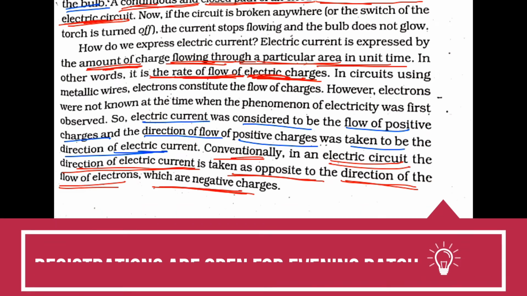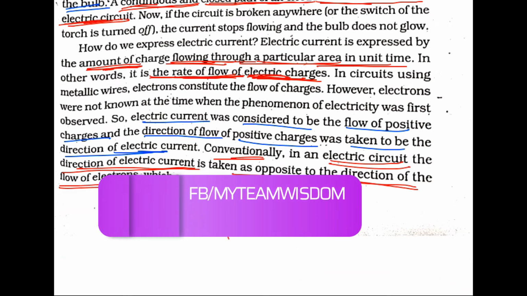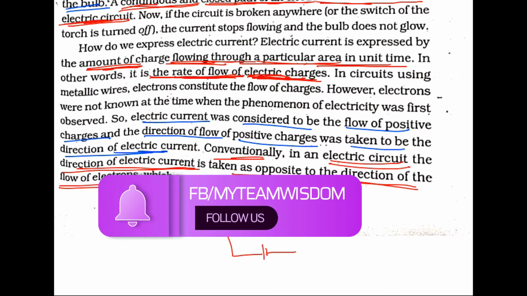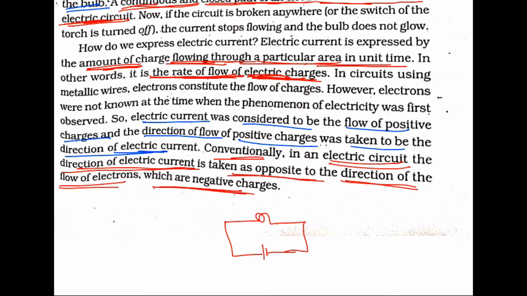If you consider any circuit, for example, this is the cell. Current flows from the positive terminal to the negative terminal externally. Electrons will flow from the negative terminal to the positive terminal, in this direction. But the current direction is clockwise, from positive terminal to negative terminal.